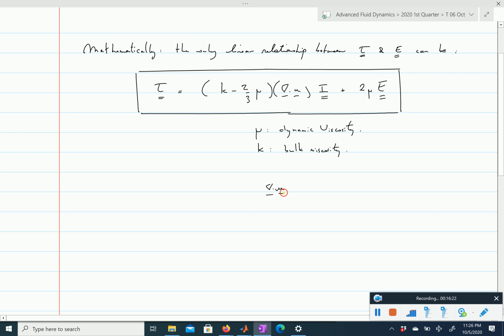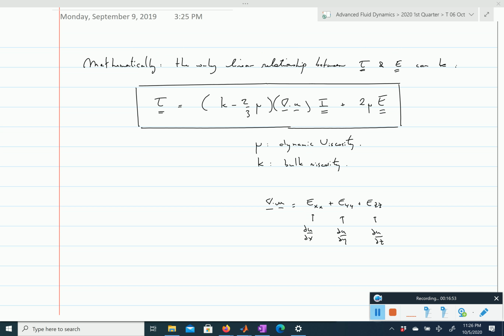It is partial U partial X, but partial U partial X is also the component on the first row, first column of your strain tensor, plus EYY plus EZZ. This here is partial U partial X. This thing is partial V partial Y, and this here is partial W partial Z. Maybe I should write this here.